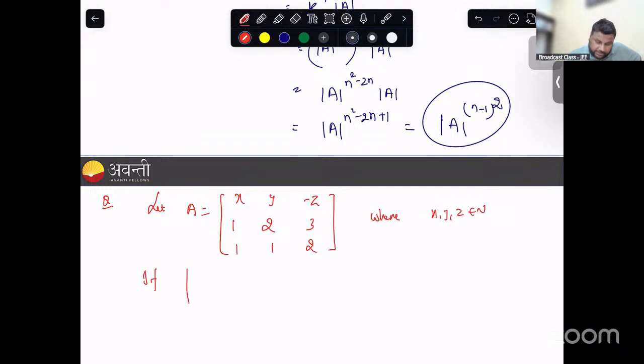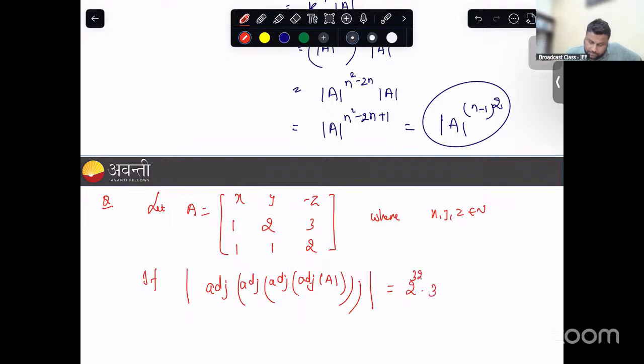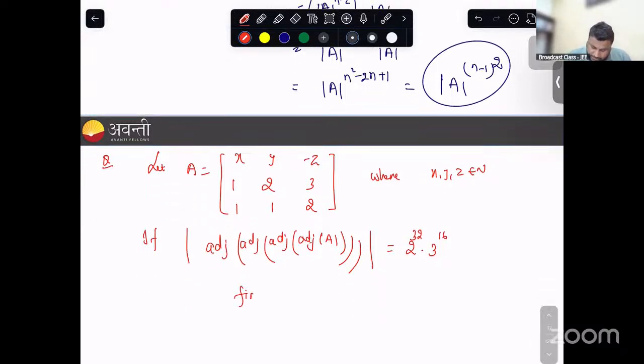If the determinant of adjoint of adjoint of adjoint of adjoint of A is two to the power 32, 3 to the power 16, then find the number of such matrices.